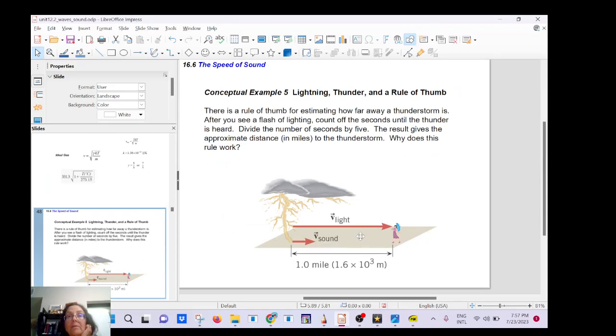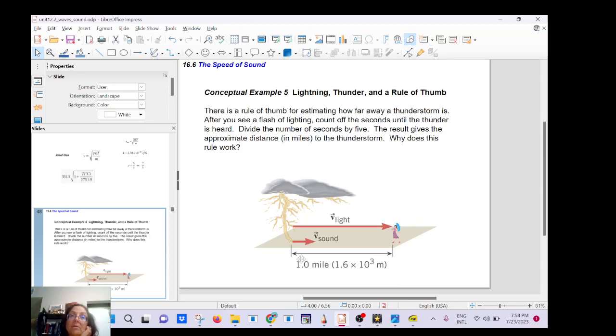It's nice to remember that the sound approximately in air will move 1 mile in 5 seconds. So if you see lightning, for example, it's almost instantaneous because the speed of light is so big. It's 3 times 10 to the 8 meter per second. So you see lightning right away, and then you hear the sound lagging behind.